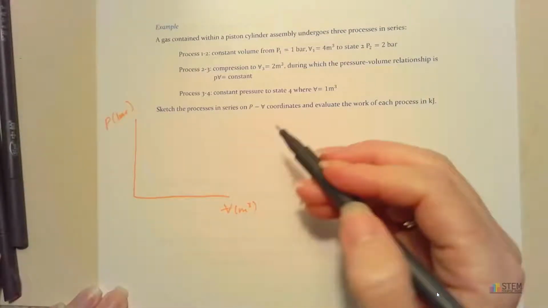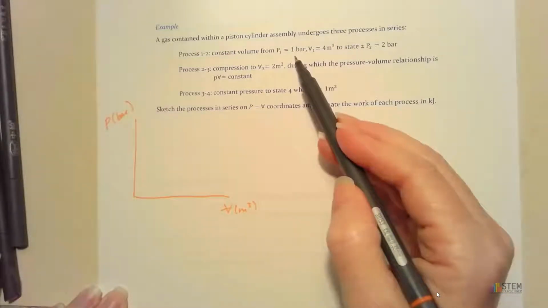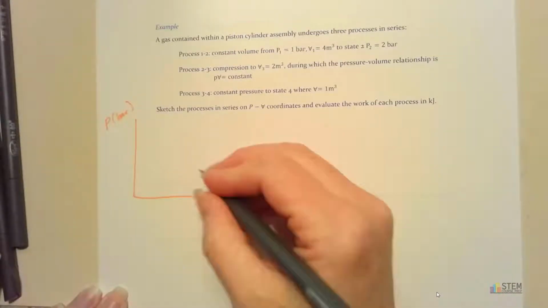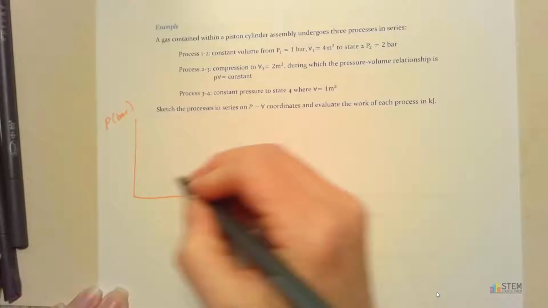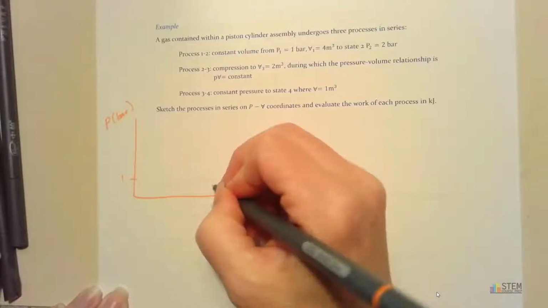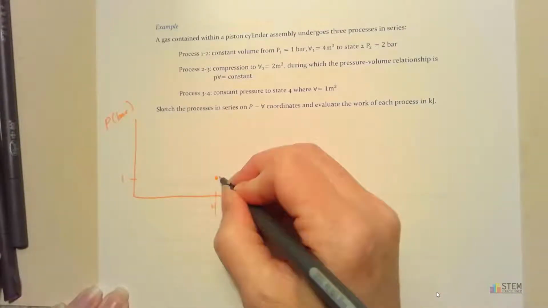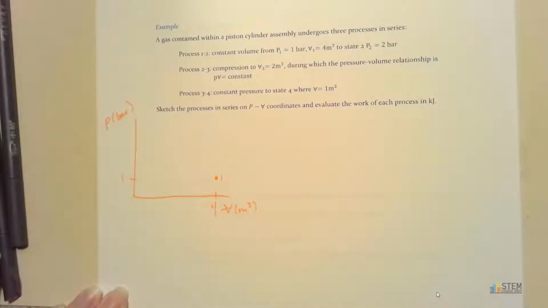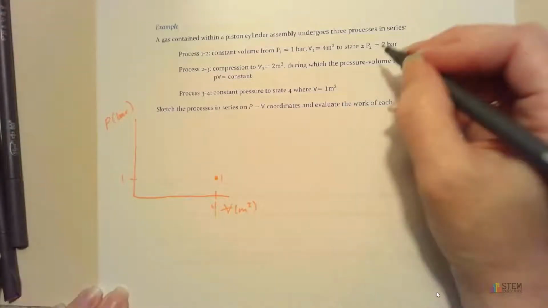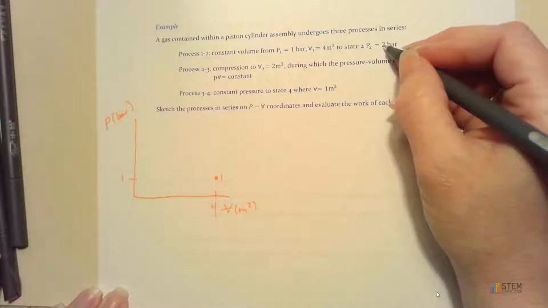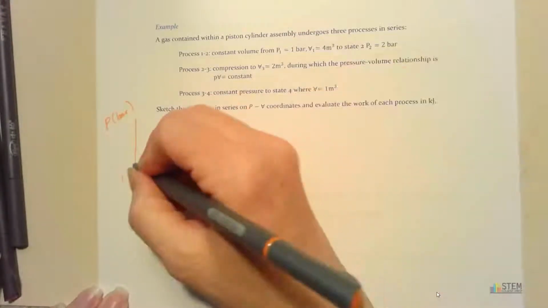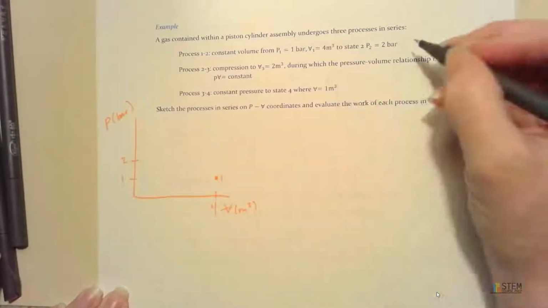And let's start with state 1. So at state 1, we've got a pressure of 1 and a volume of 4. So let's put a 4 here, a 1 for pressure, and we'll put a little dot with a 1 by it. So that's state 1. Now state 2, we know pressure is going to be 2 bar. Now what about volume?